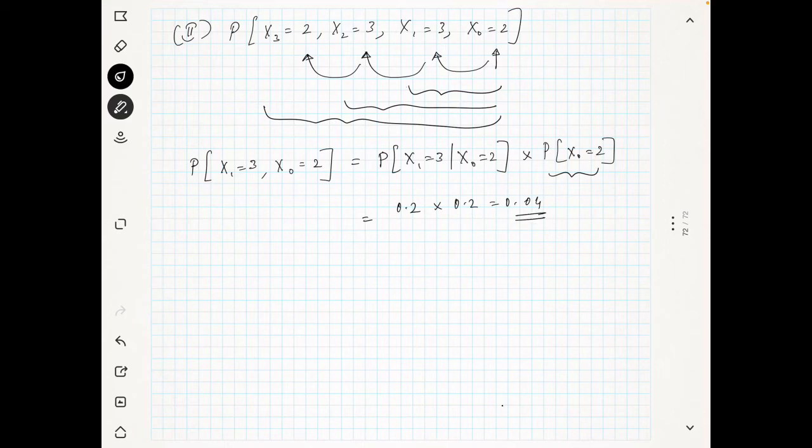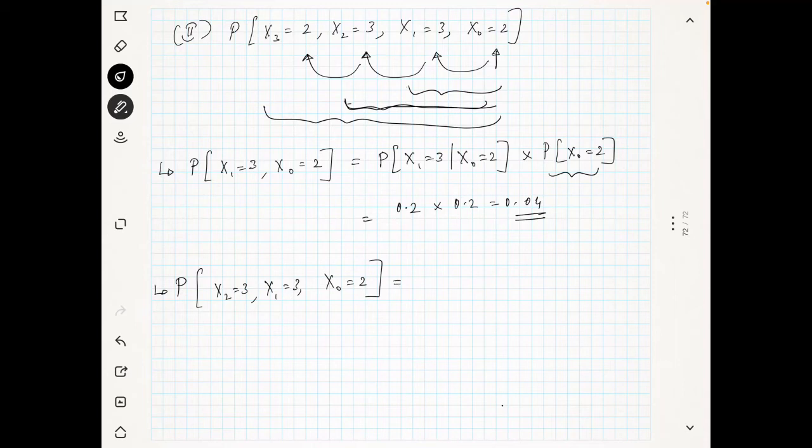Now we will consider these 3. That means the probability that x2 is equal to 3, x1 is equal to 3 and x0 is equal to 2, right?